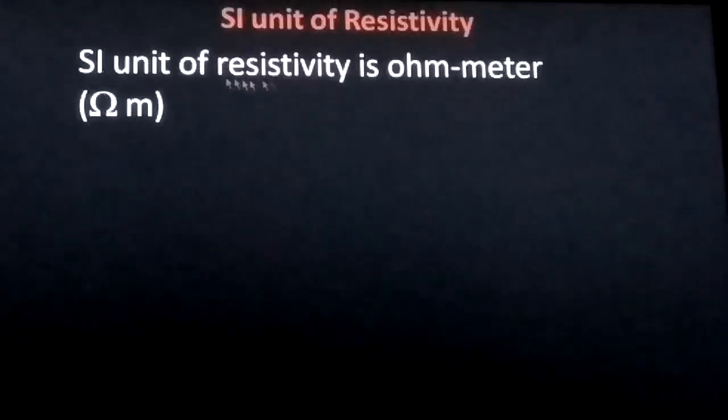The SI unit of resistivity is ohm meter. Symbolically it is written as ohm meter, where this is the Greek letter omega. You recall?